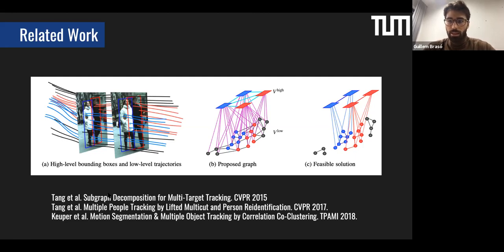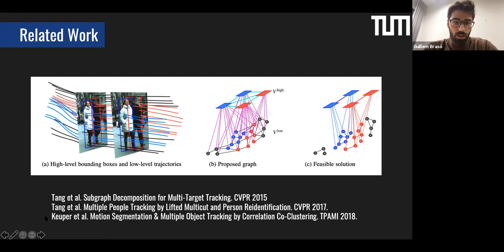The idea is that these papers, like here, for instance, build a graph in which you have several levels. One level is the top level, which is based on bounding boxes. And then you also have these small low-level features, which you also try to join. And the idea is that you want to partition not only the boxes, but also these low-level features.